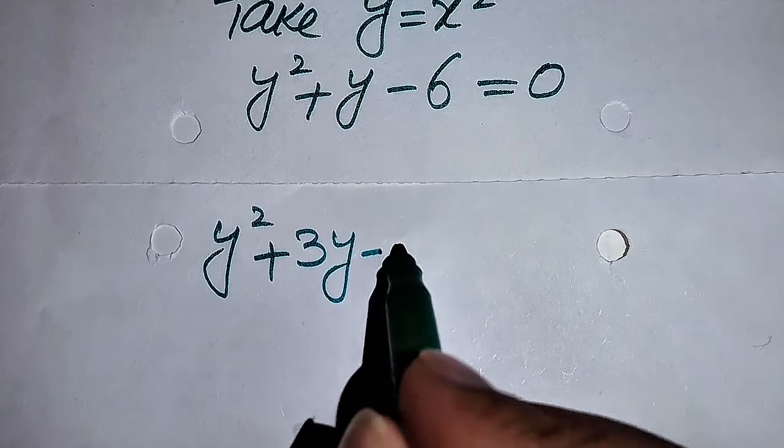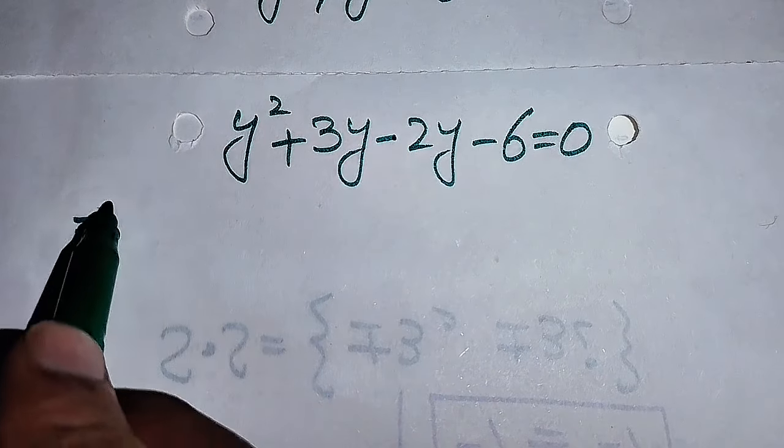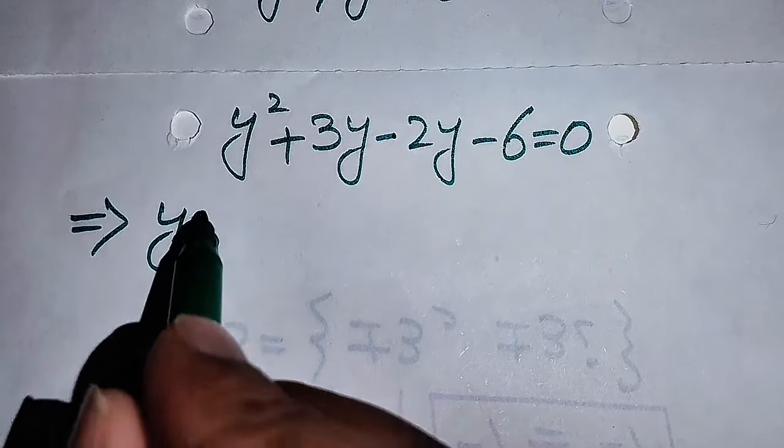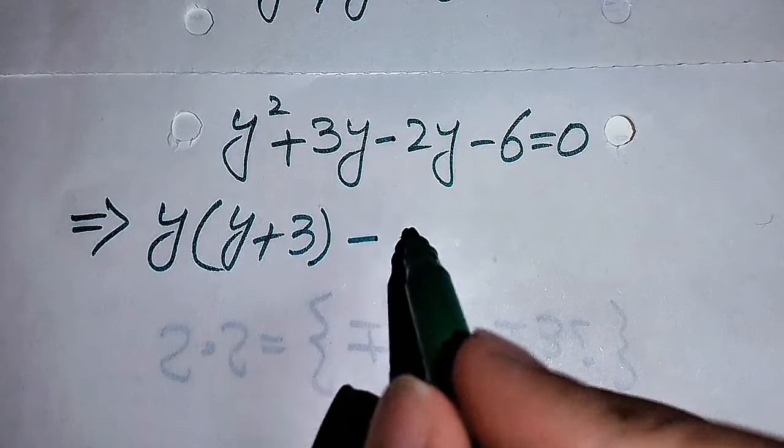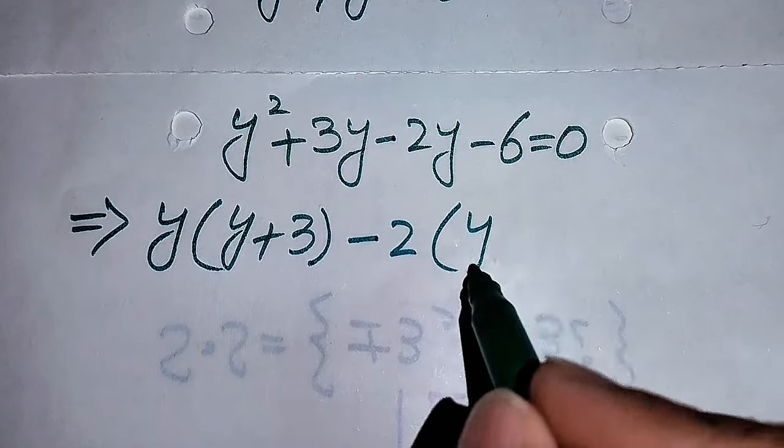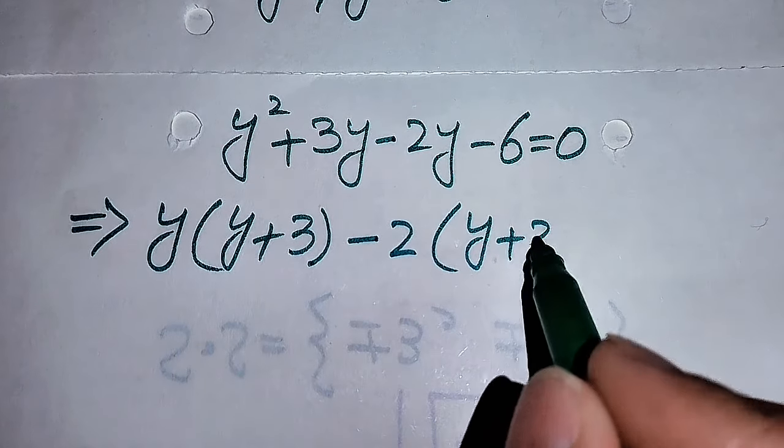Here we break its middle term, and now you see that in the first two terms we take common y, and the remaining values are y plus 3, and here we take common minus 2, and the remaining values are y plus 3, and this whole equation is equal to 0.